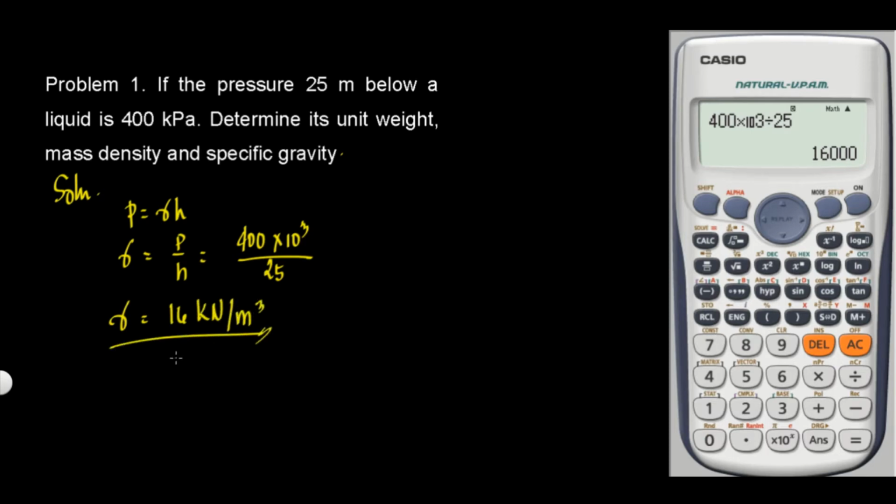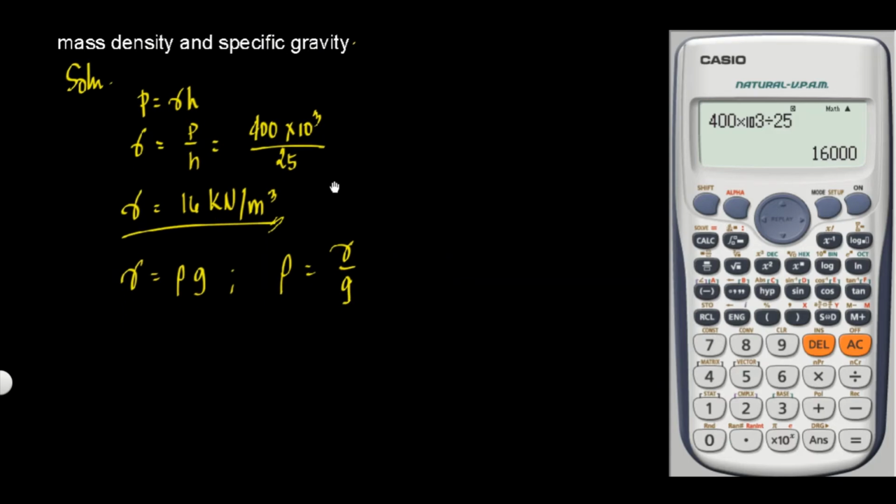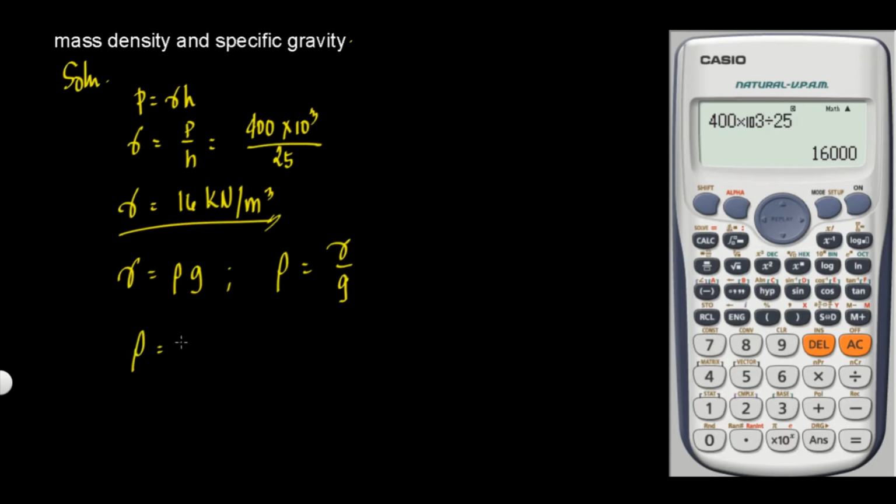Now, to determine the mass density, we know that the specific weight is equal to mass density times the acceleration due to gravity, or rho is equal to the unit weight over g. So, we have rho equals 16 times 10 raised to 3 over 9.81 meter per second square.